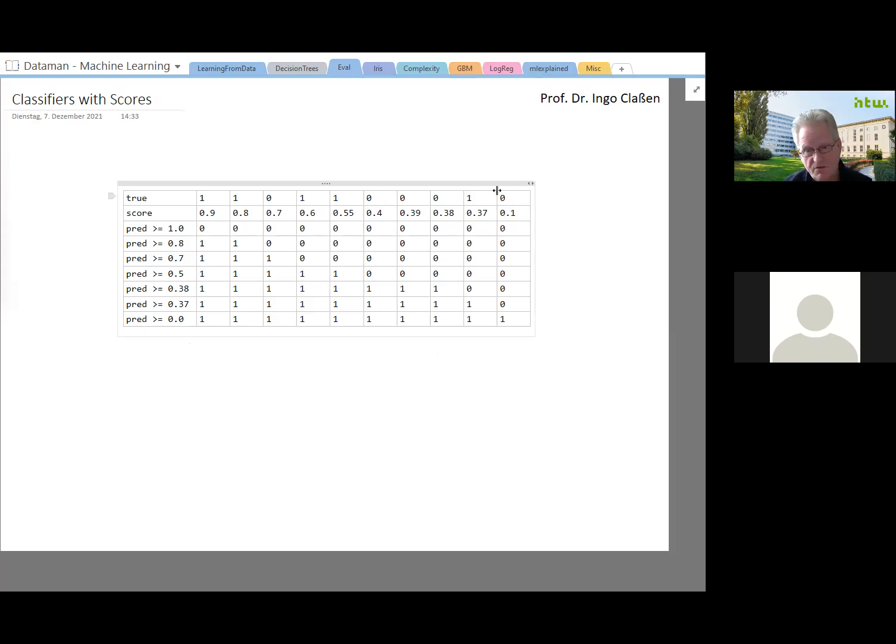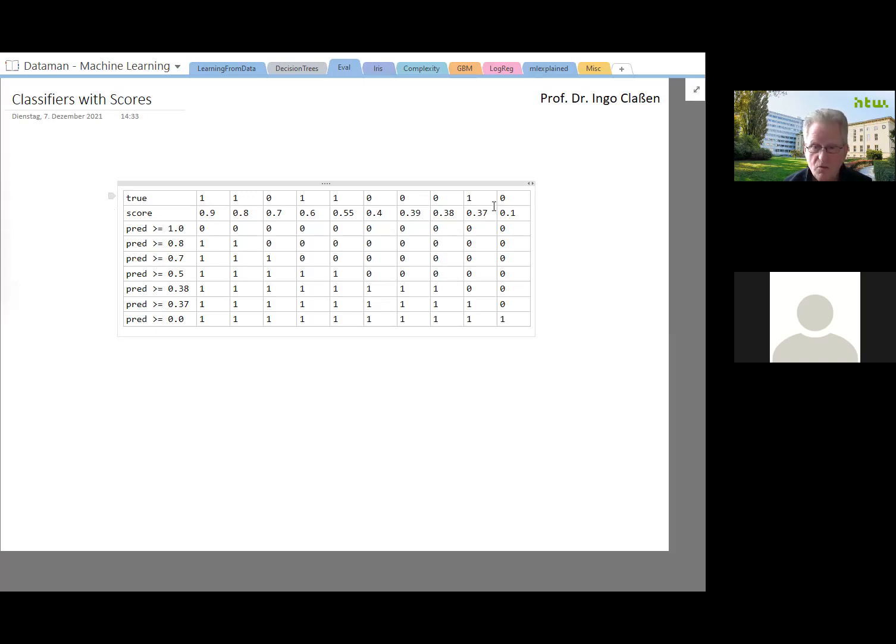For example, for that case here, it tells us, okay, I only assume 10% that it is positive. And for this, the classifier tells you 37%, and so on. For this one here, it gets a score of 0.9, so it's quite confident that it is a 1.